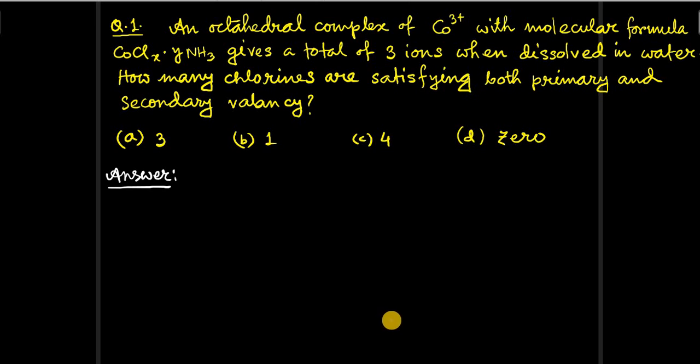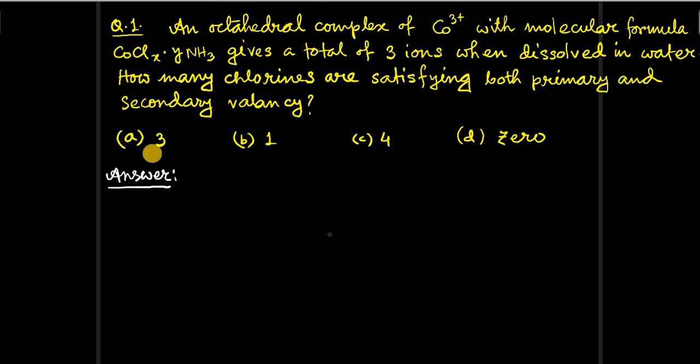An octahedral complex of cobalt 3 plus with molecular formula CoClXYNH3 gives a total of 3 ions when dissolved in water. How many chlorines are satisfying both primary and secondary valency? So first of all, this is an octahedral complex and it is giving 3 ions.